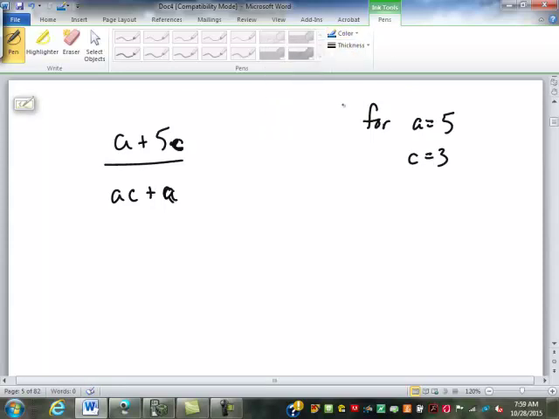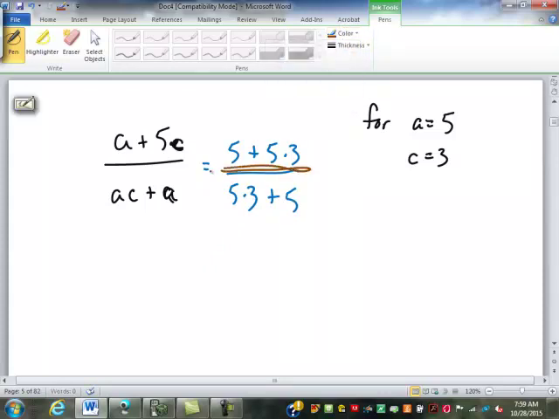So I have to replace those values. A is going to be 5 plus 5C, which is 5 times 3. We're going to write it out for now. We'll do the operations in a second. AC is going to become 5 times 3 plus A, which is 5. Now we'll go back and do the operations.